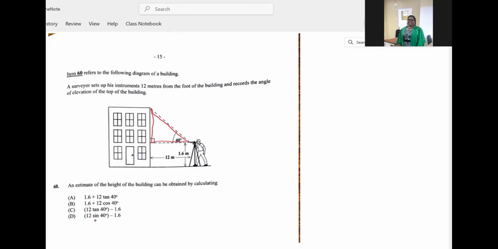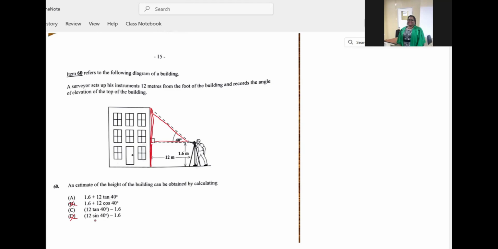We have to use tan because tan is the only one with opposite and adjacent, and it doesn't include hypotenuse. It's the only ratio that doesn't have hypotenuse in it. So once the hypotenuse is not involved, we're not using anything other than tan. So D is out and B is out. So if you want the height of the building, you have to find the height of the triangle and then add the height of the man, right?